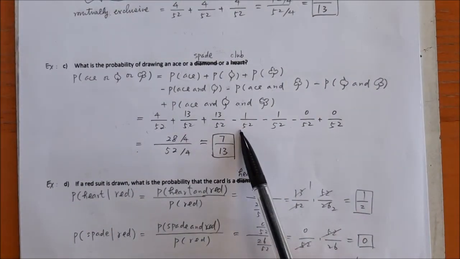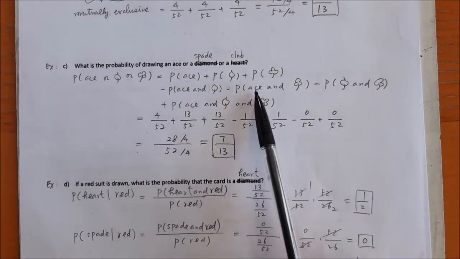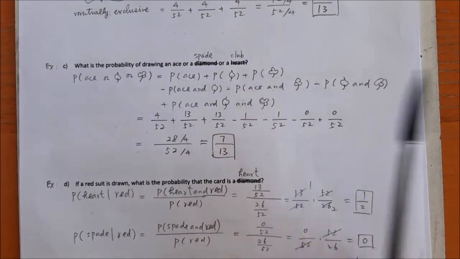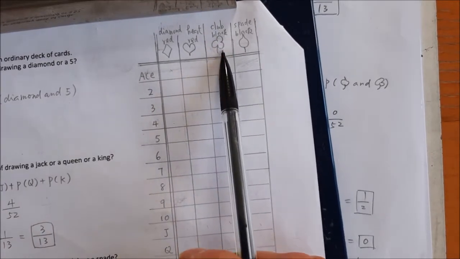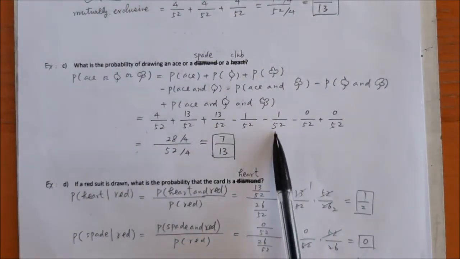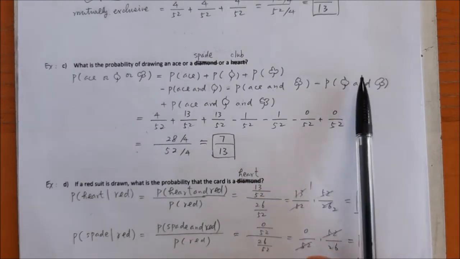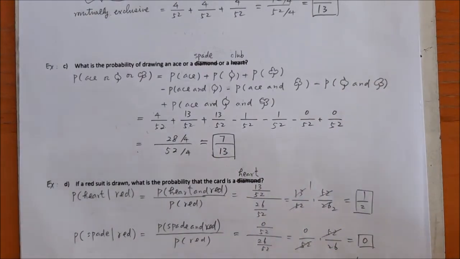So it's 1 out of 52, minus probability of ace and the club. How many are ace and the club? Here it's ace and the club, intersection is this card. It's 1 out of 52, minus probability of spade and the club.